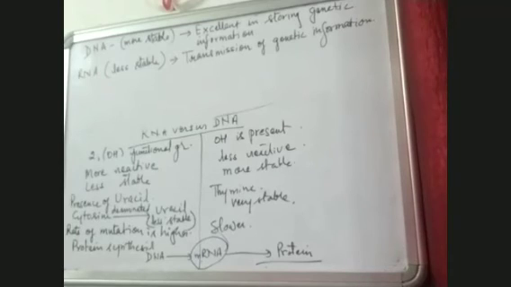Which one can be considered as the first genetic material and why? Is it DNA or RNA? Can you tell me with reason whether it was DNA or RNA? Yes, anybody who can answer this question?